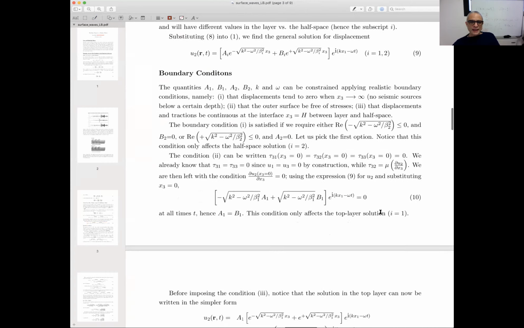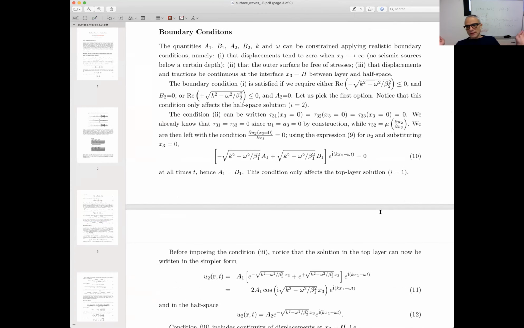And now the next step of the exercise, after we are all agreed on that, is to apply the boundary conditions. And there are two boundary conditions, actually three, because there's also one thing that I haven't mentioned. You don't want large displacement for large values of x3.